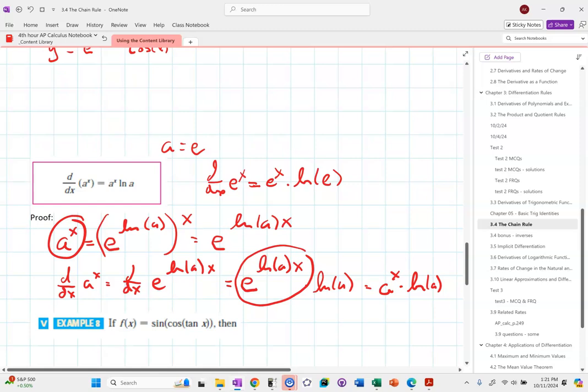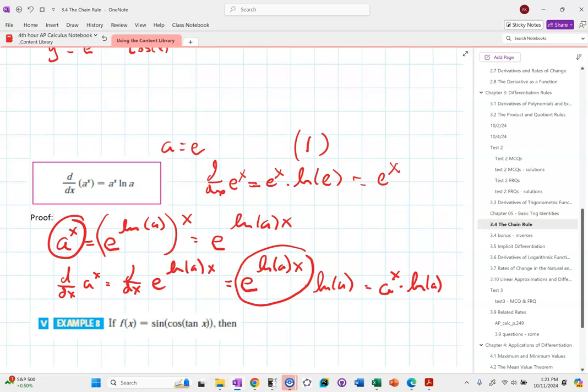What's the natural log of e? 1. So that's just e to the x again, right? So it still incorporates that derivative rule we knew already for e to the x. Still works. There's actually a chain rule going on in there that we didn't ever acknowledge.